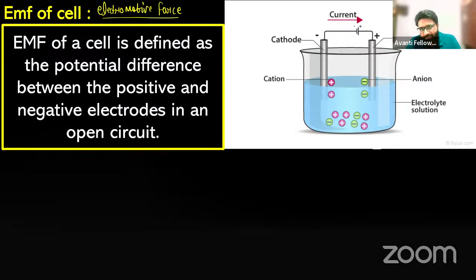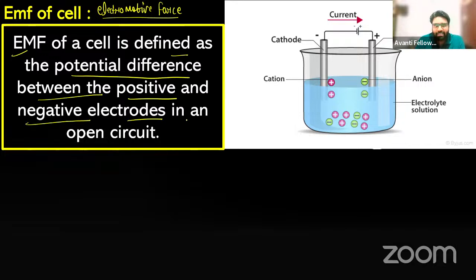It is the potential difference across two conductors. One is the anode and one is the cathode. So the EMF of a cell is defined as the potential difference between the positive and negative electrodes in an open circuit.